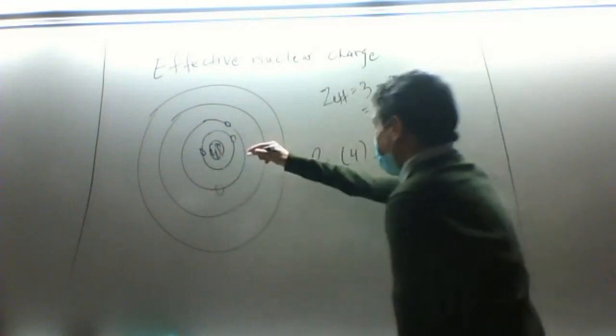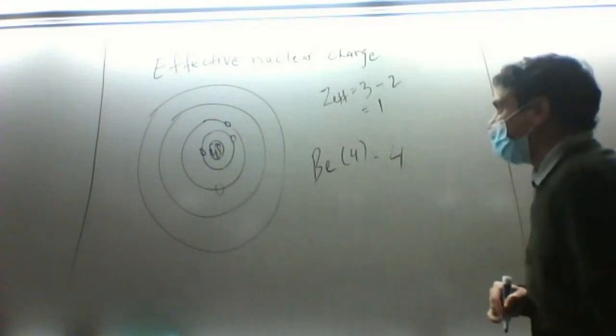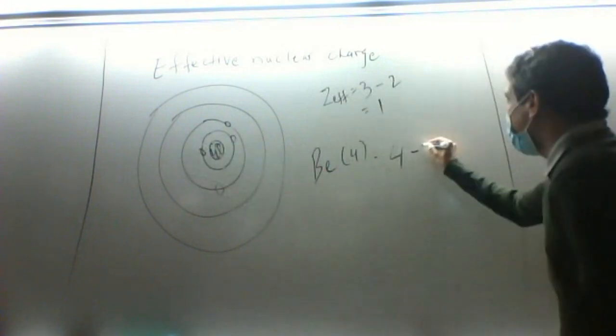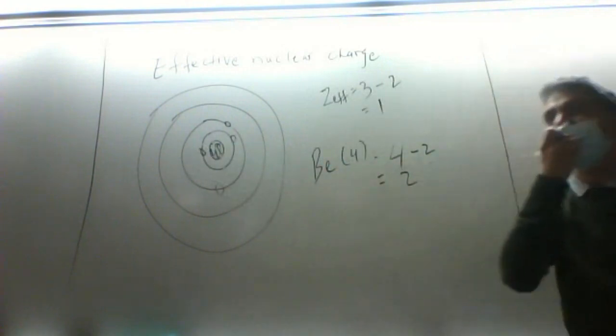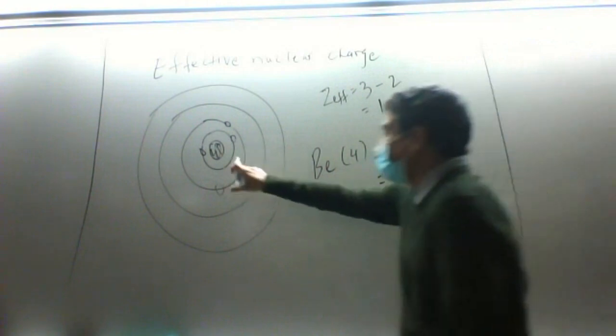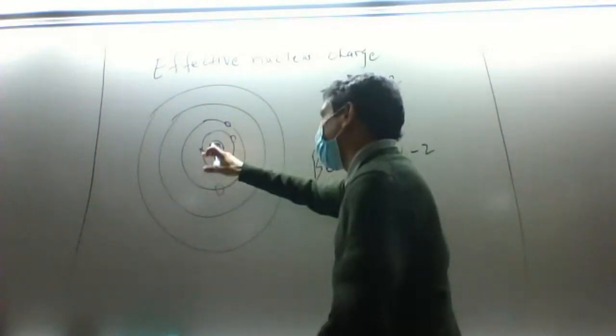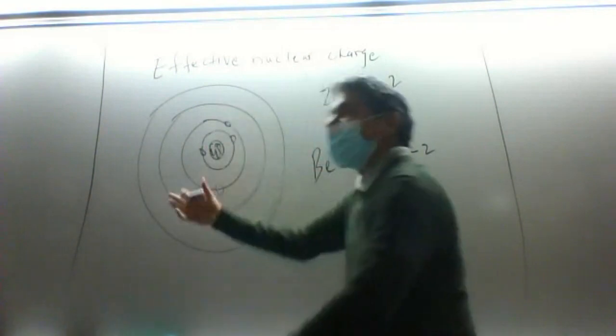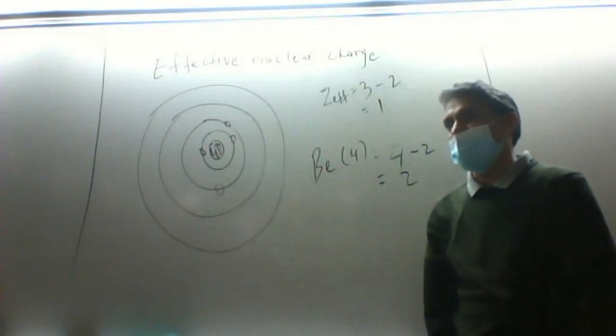We have the total charge of 4, and that force is already diluted by these 2 electrons. So 4 minus 2 is the effective nuclear charge. Out of these 4 protons, maybe about 2 protons are able to attract these outer electrons. So that's what that means.